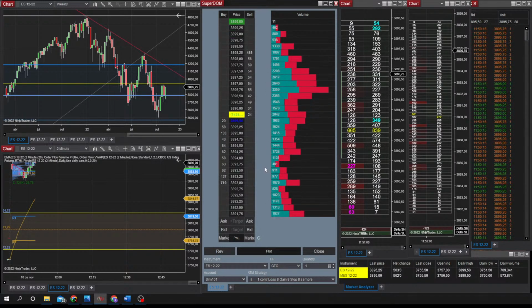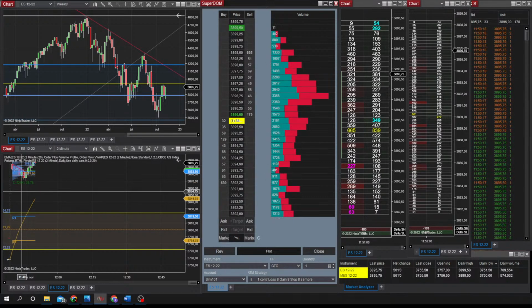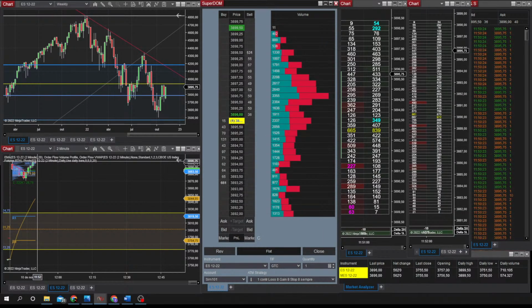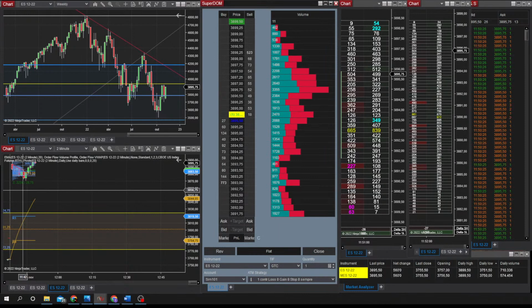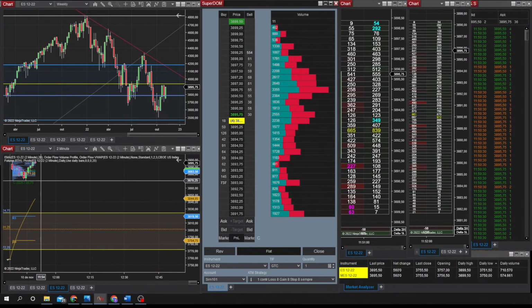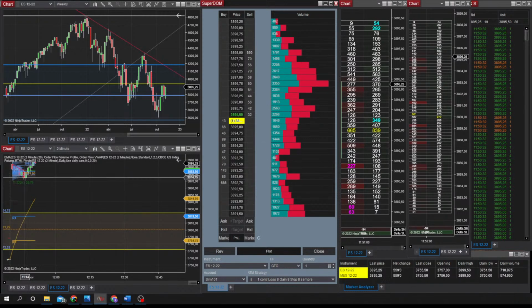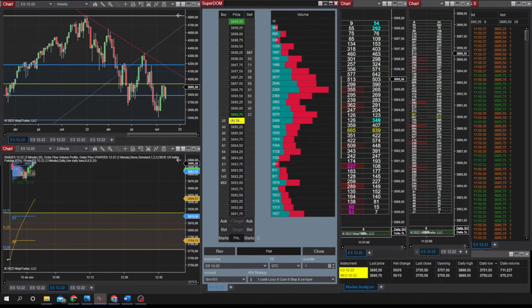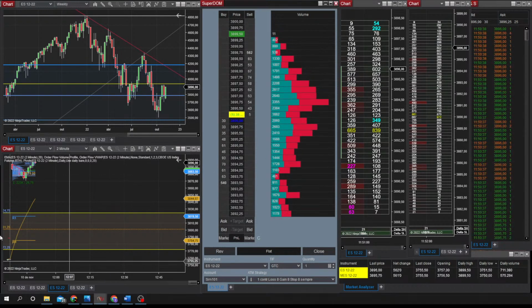Was not able to reach the high. So not overcoming this high here could lead to a test to the low again, and losing the 3870 would actually be a sign of weakness.